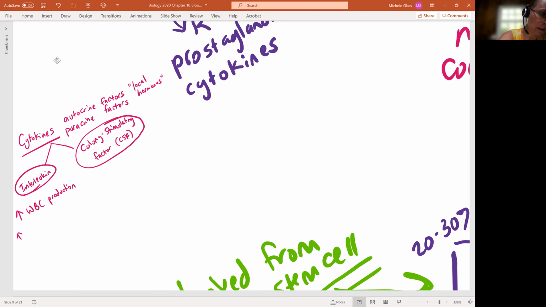It's going to increase immunity, and it's going to increase inflammation. It's going to trigger those basophils to make that histamine, which is going to cause inflammation. The colony stimulating factor we'll see also just increases white blood cell production. And so that's going to be really those neutrophils, eosinophils, and basophils.